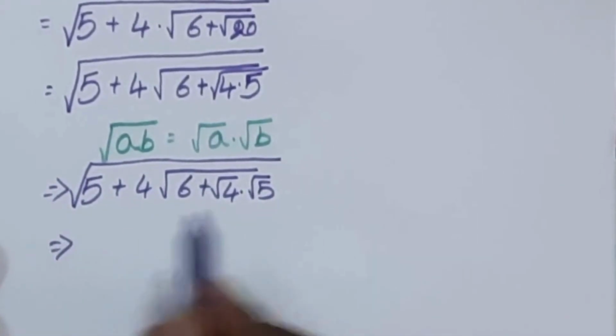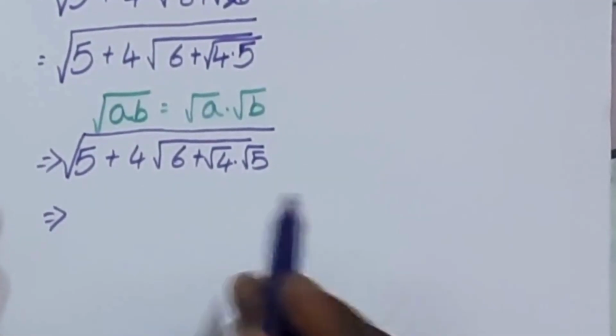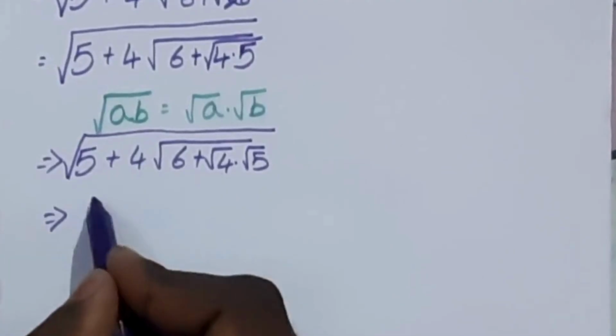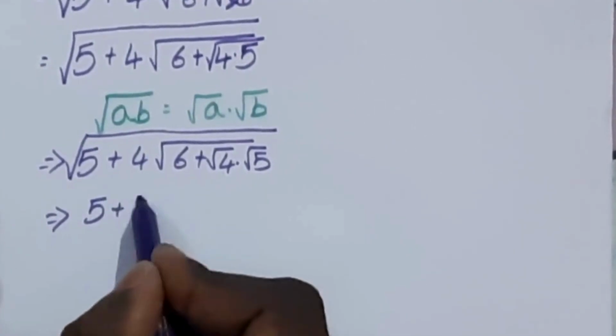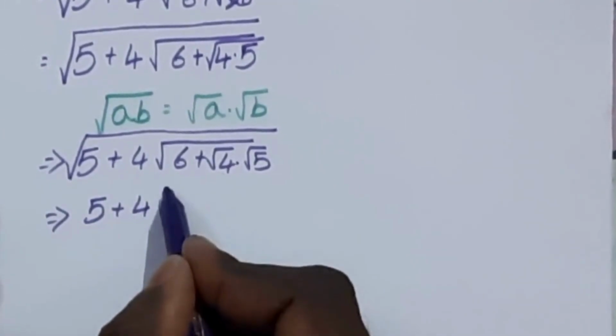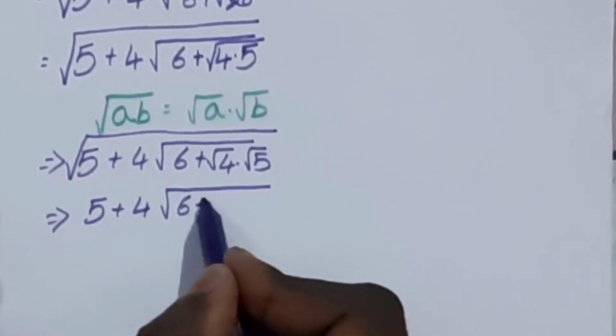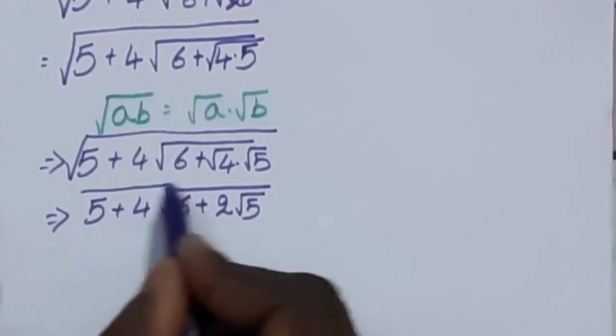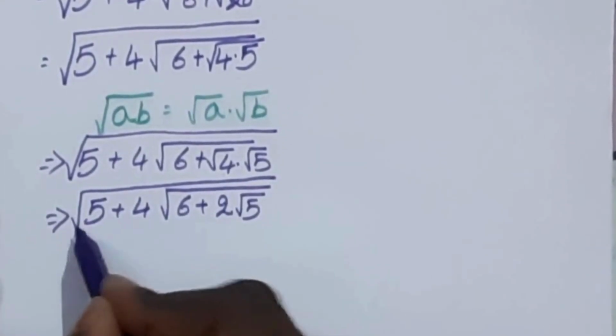Now we know this square root of 4 is 2. We are going to apply this here. So 5 plus 4 square root of 6 plus 2 times square root of 5 in whole square root.